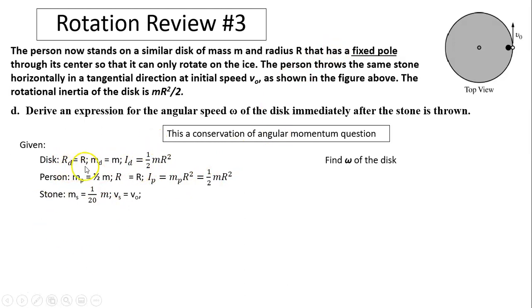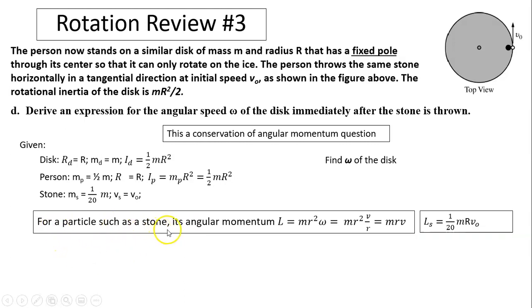What do we know? We know the disk has a radius r, so the disk's moment of inertia is 1/2 mr squared. The person is standing on the edge, so the person's r should be equal to r. So I of the person is the mass of the person times the radius squared. We know the stone's mass, we know the stone's velocity, and we also know the stone's distance from the center is r.